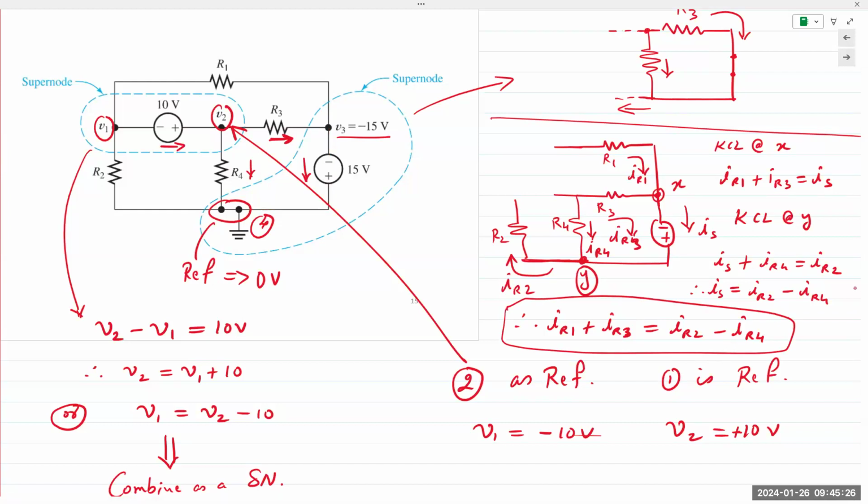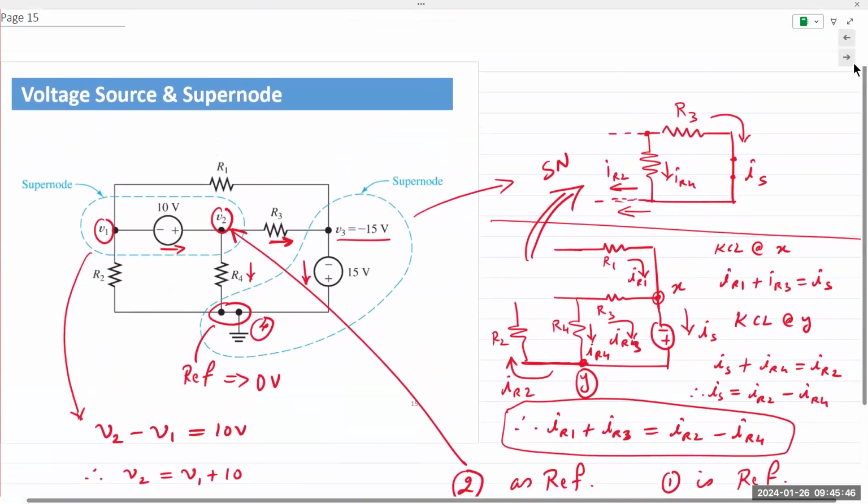It's the exact same thing. So this is a supernode. I have IR4, IR2, and this is IS. This is R3.